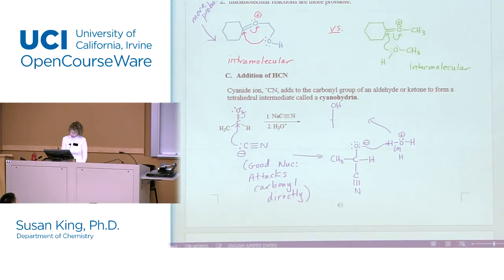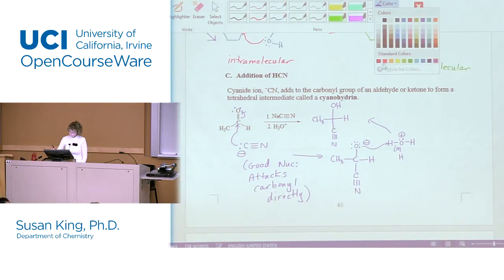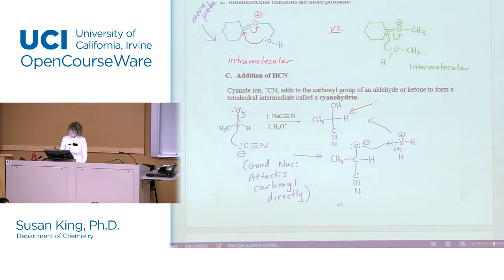So a cyanohydrin is a carbon that is attached to a hydroxyl and a cyano group. Again, add this to your carbon-carbon bond forming page. This is a new carbon-carbon bond forming reaction.